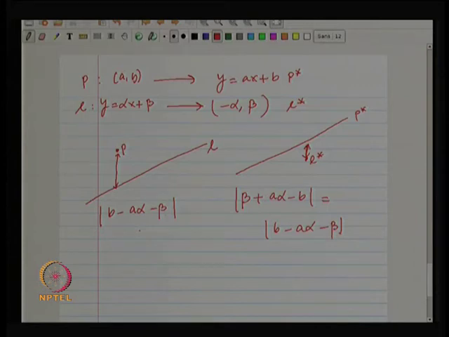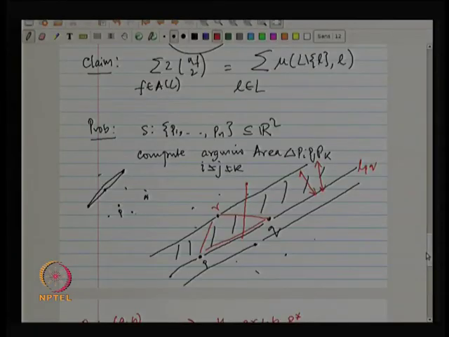So the duality preserves vertical distance: a point maps to a line, a line maps to a point, and the vertical distance between a point and a line in the primal plane is the same as the vertical distance between the line and the point in the dual. All right. Now, what we are going to do is take the set of points that were given to you and map them to lines, using this duality.